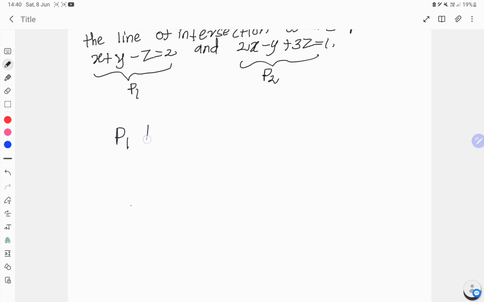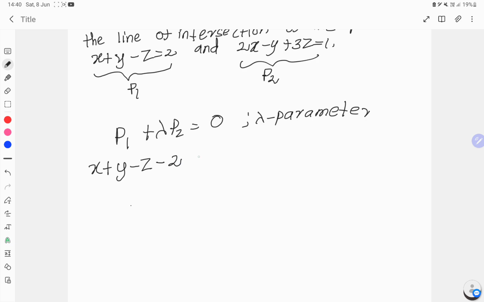Then we take P1 plus lambda P2 equal 0. Here lambda is the parameter. Therefore I write x plus y minus z minus 2 plus lambda into 2x minus y plus 3z minus 1 equal 0.